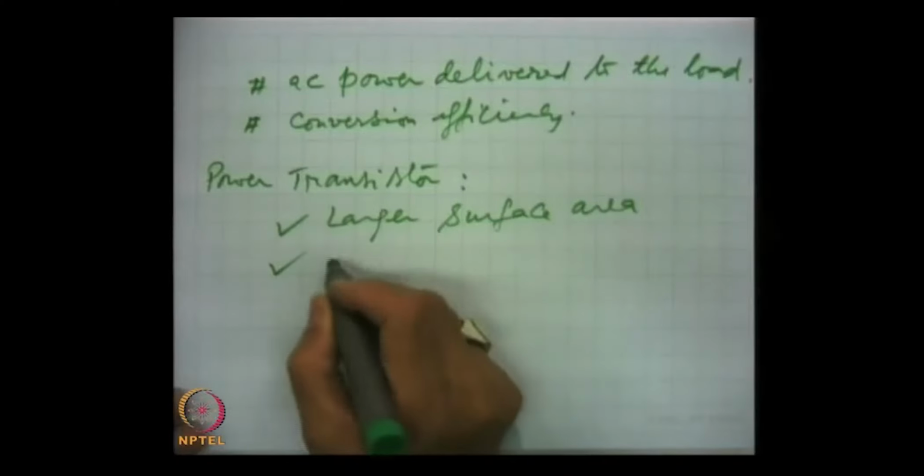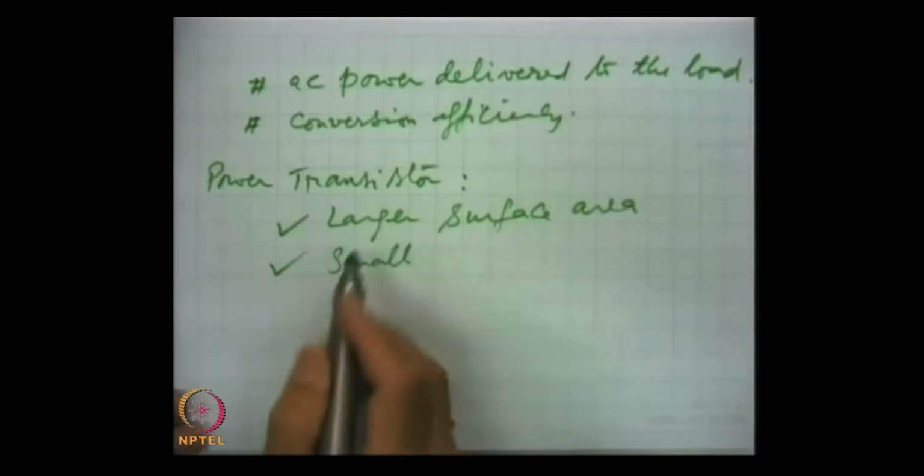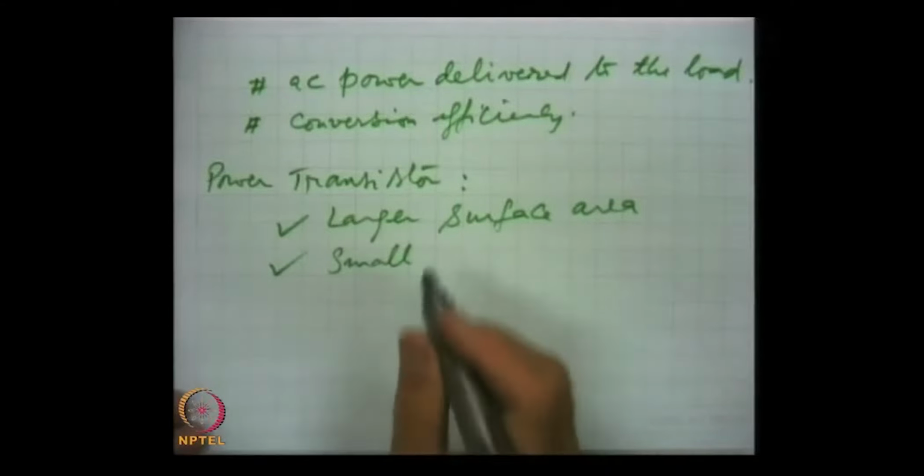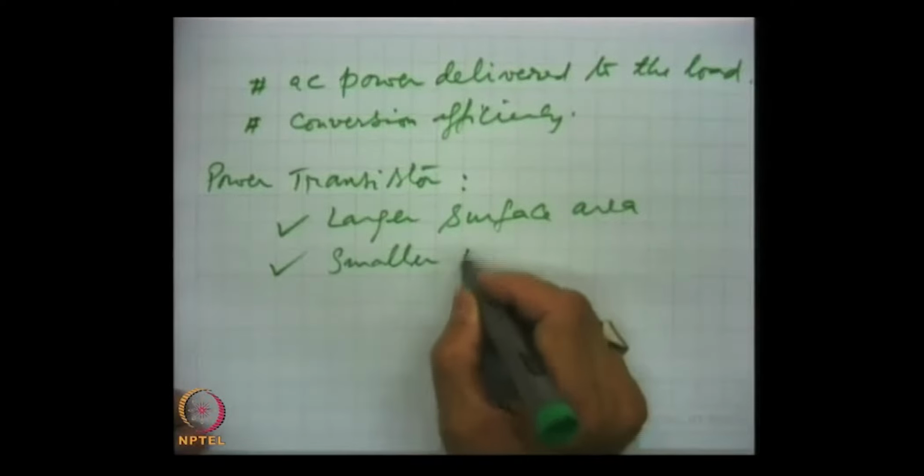So, power amplifier circuits will normally make use of smaller resistances, so that larger currents are possible in the circuit. These are smaller in comparison to the values which we use with small signal amplifiers. So, smaller resistors.